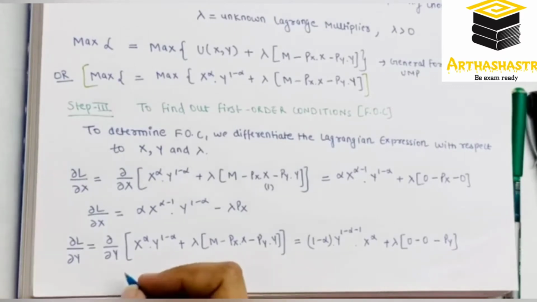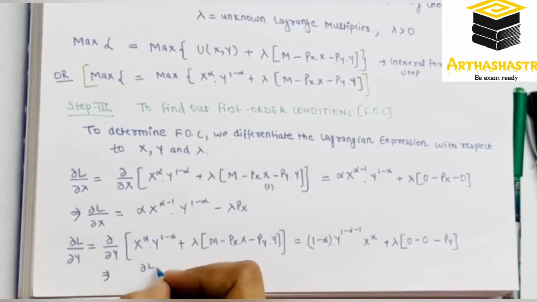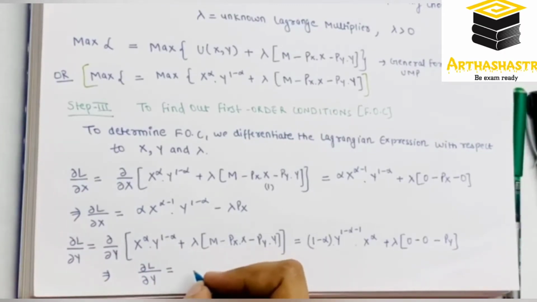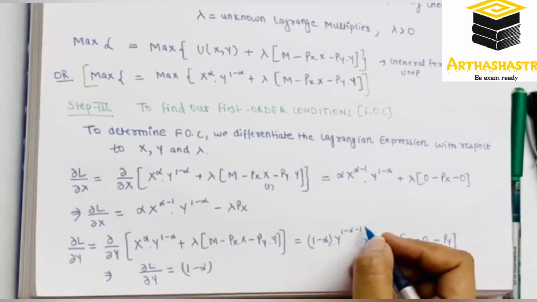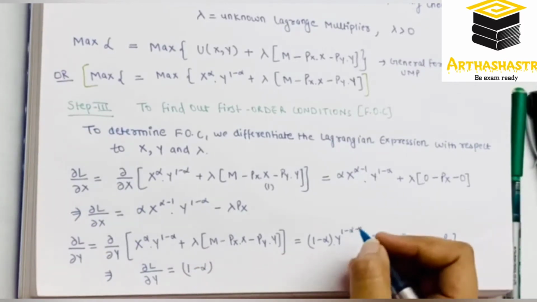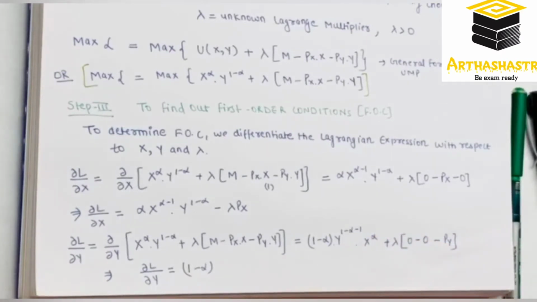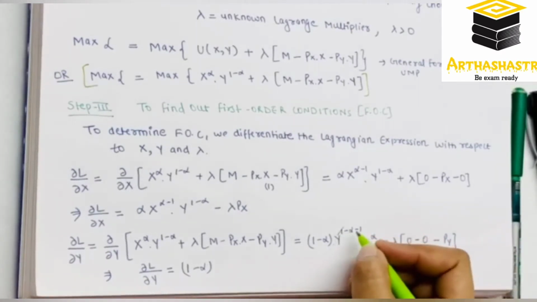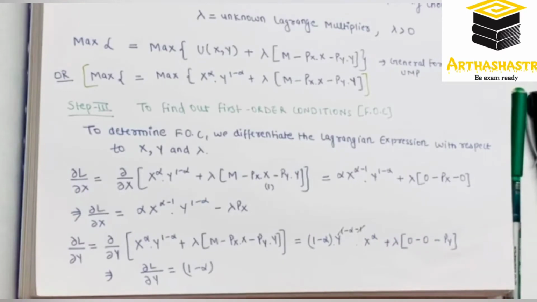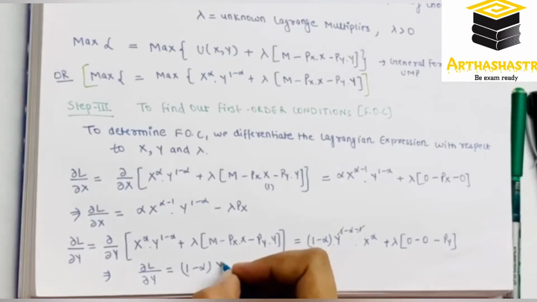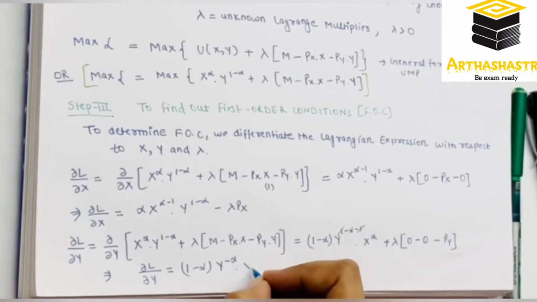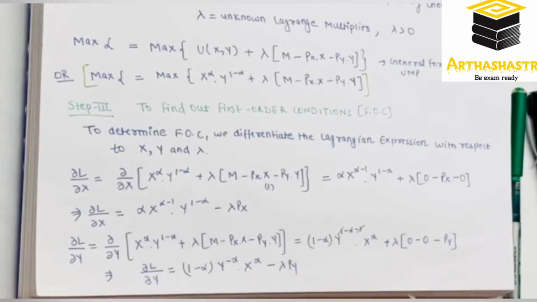We write it down again: del L by del y is 1 minus alpha, and now this 1 cancels out, so what remains is y to the power minus alpha times x to the power alpha, minus lambda py.